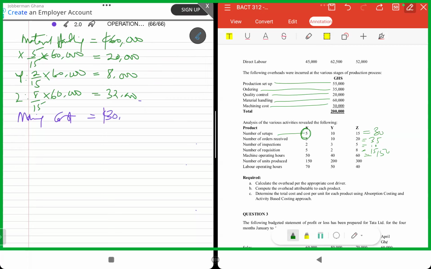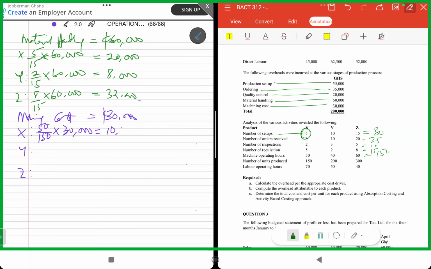Just follow the way I did it. 30,000. Practice, so I was running through it for you. If you don't practice, you forget it. The strategies I've taught you, that's all. You'll be okay. 50 over 150 times 30,000 equals 10,000. We don't have time, so I want us to finish quickly. Next.